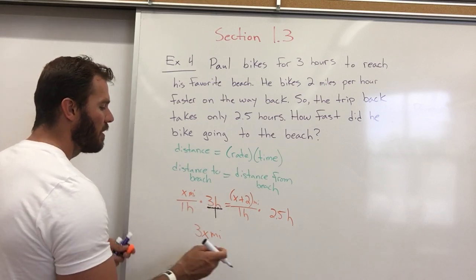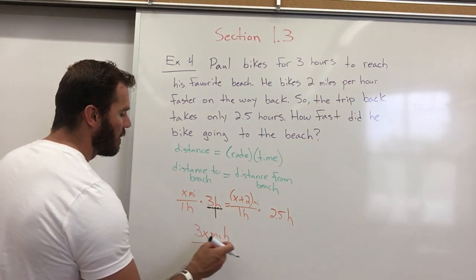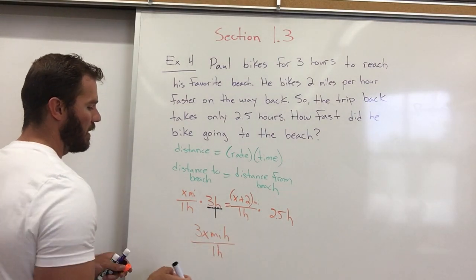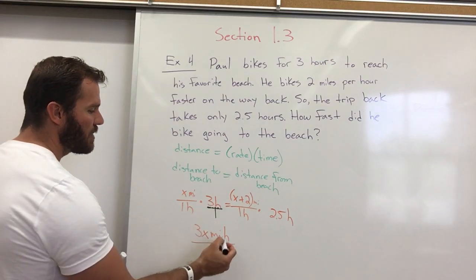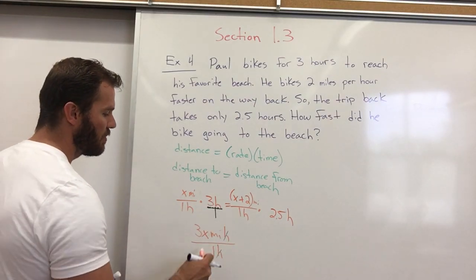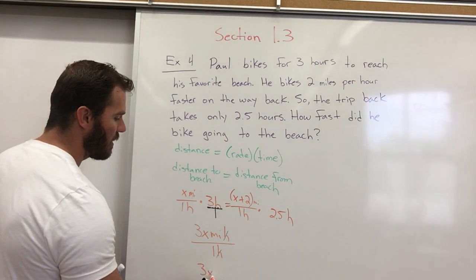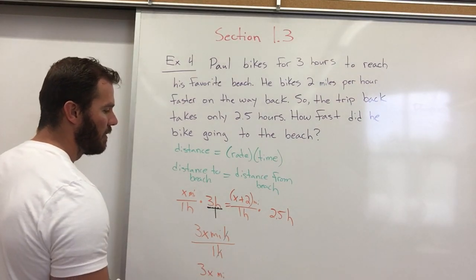Okay, let me just show you everything like that. So I've combined these together like that. The hours are just going to cancel each other out. So you're left with just 3x miles. Okay?